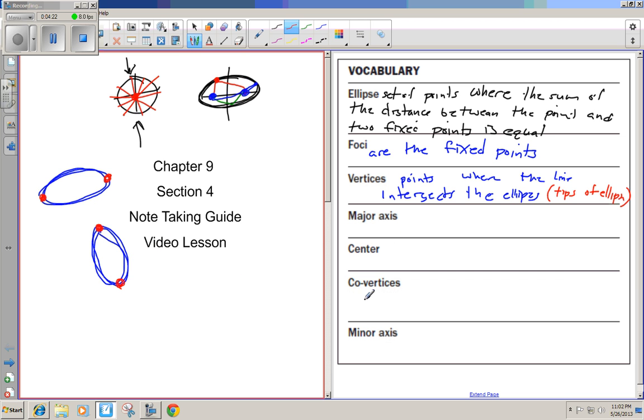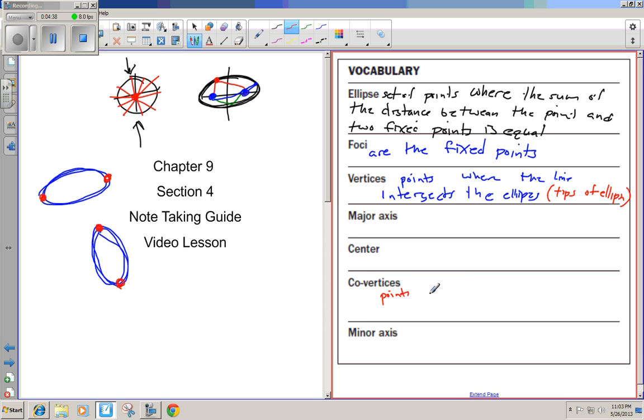So we're going to jump down to covertices. And they are the other ones. They are the points when the perpendicular line intersects the ellipse.